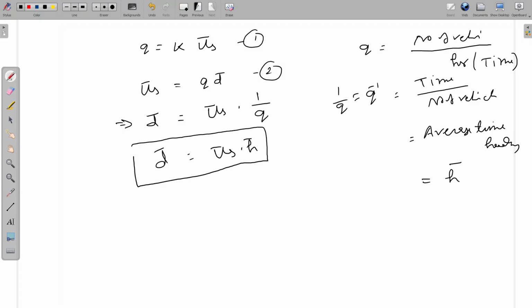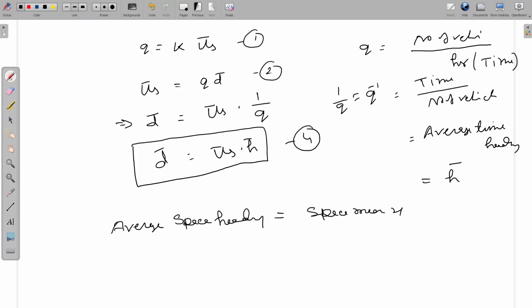What we have written here is basically the average space headway, V bar, is equal to space mean speed into average time headway.